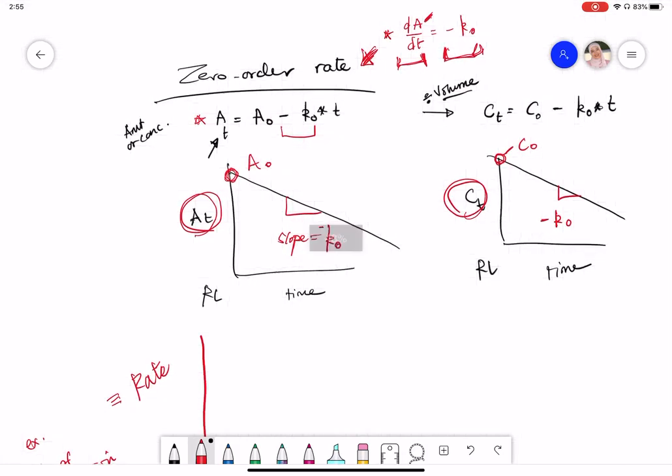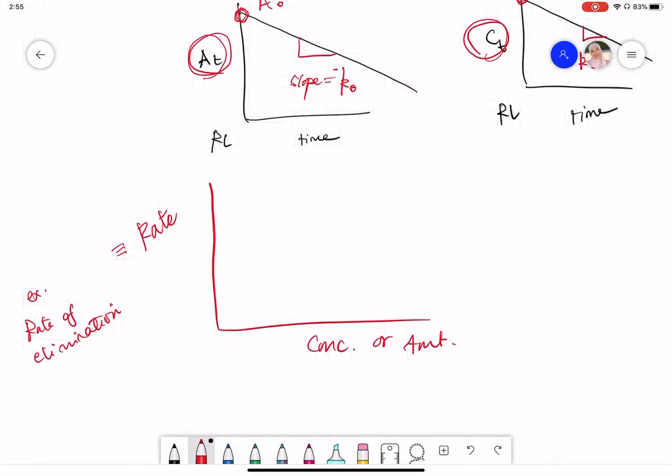According to this, what would be the relationship here? Let's write it here again to see it. What would be the relationship here?